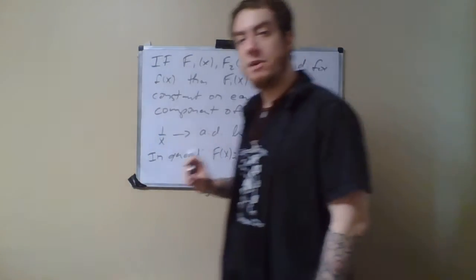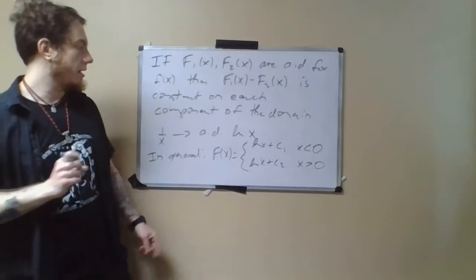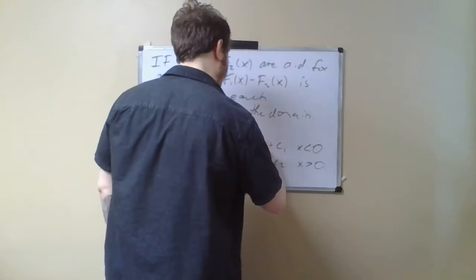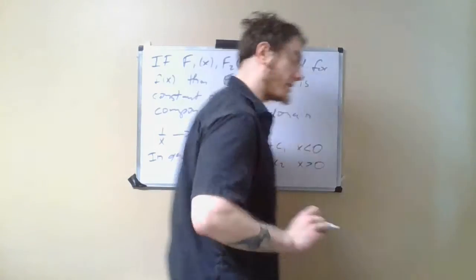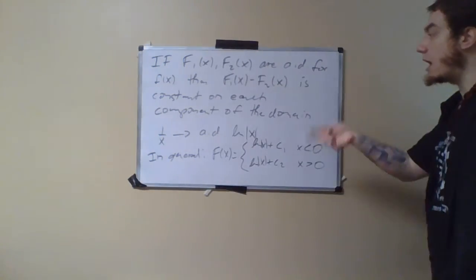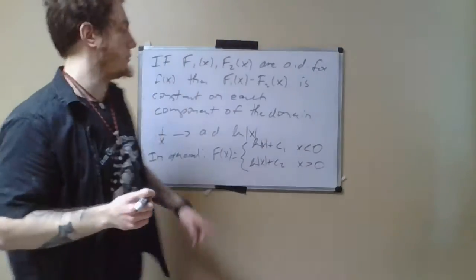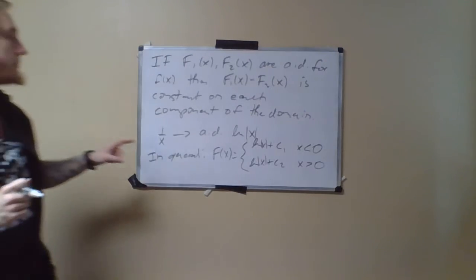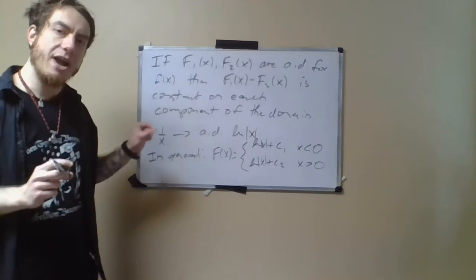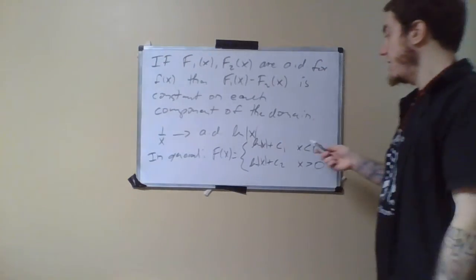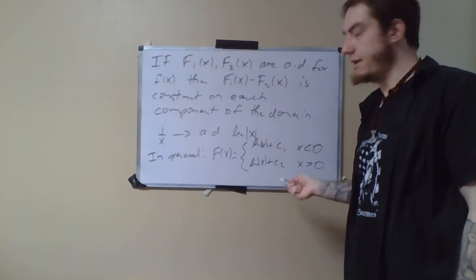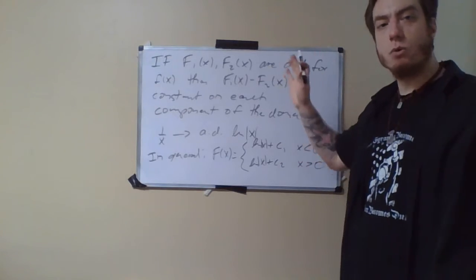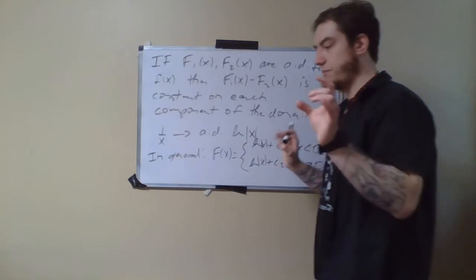So the reason this is possible is because, I should have said log absolute value x. I was being a little bit sloppy there, but it's log absolute value x, and then we get all of this stuff. So the problem is the antiderivative of 1 over x is the log absolute value x, but we can get a different constant on each of the components because it's broken up into two different pieces here.